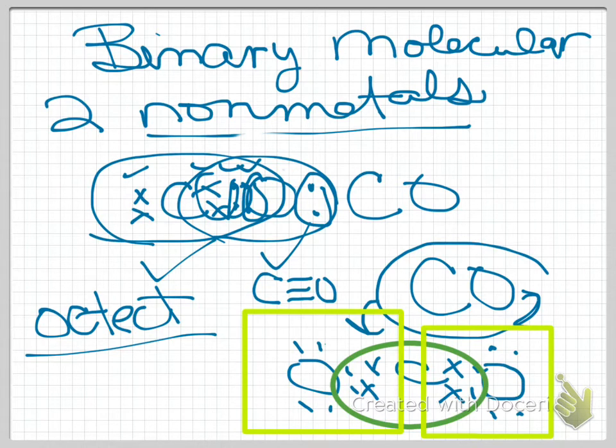So everybody's also feeling the effects of 8. So this carbon dioxide's structural formula would be 2 double bonds on either side. So they're both equally sharing their electrons and equally meeting the criteria of sharing. But they're doing so in a different way.